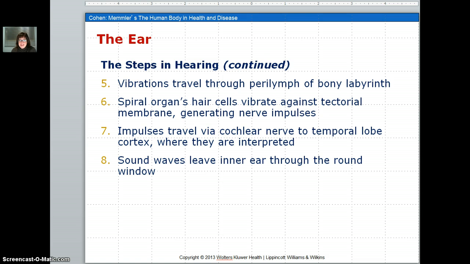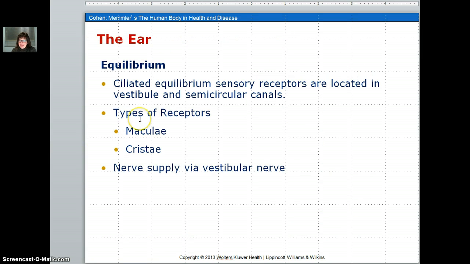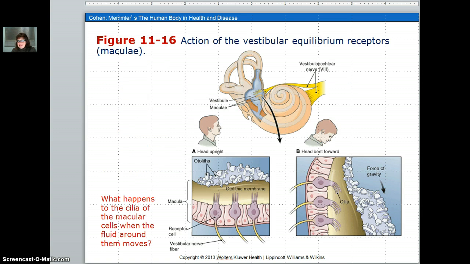Okay? So the inner ear is used for sound, but it's also used for equilibrium when you look at these semicircular canals and the vestibule. You have two types of equilibrium, two types of receptors. We're going to look at the macula and the cristae. When you look at vestibular equilibrium, which is this part here, this is the equilibrium of the up or down, or the gravitational equilibrium.